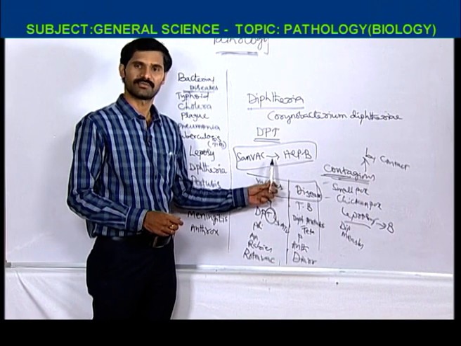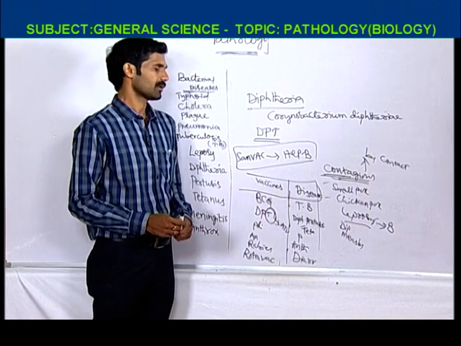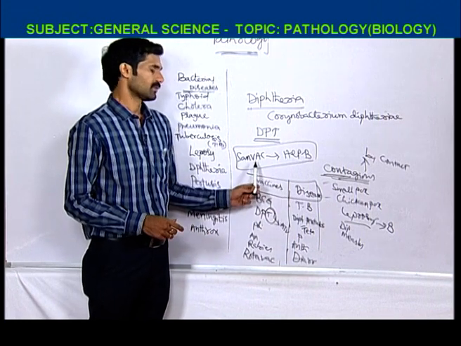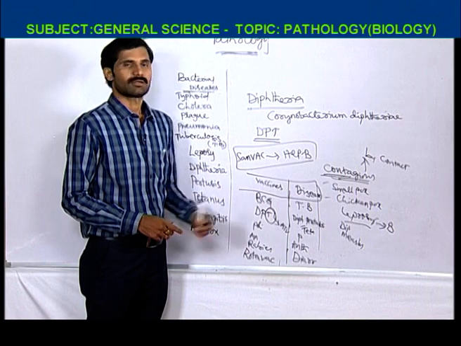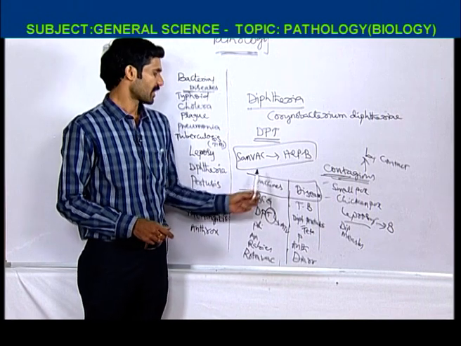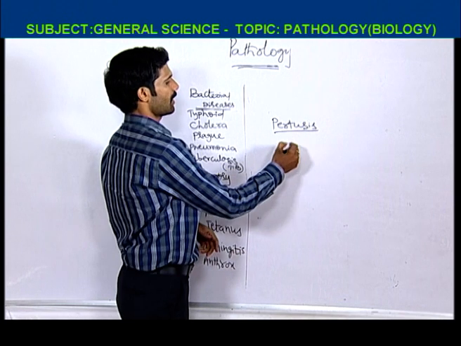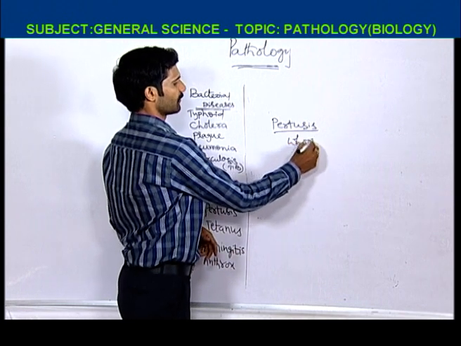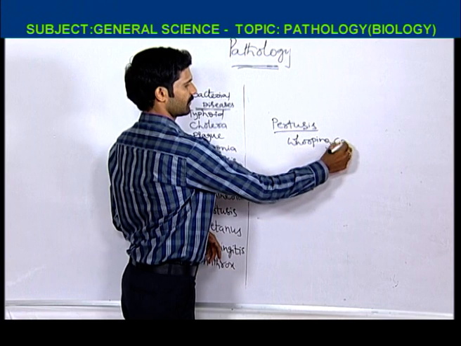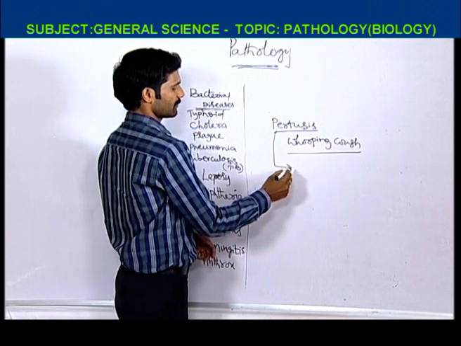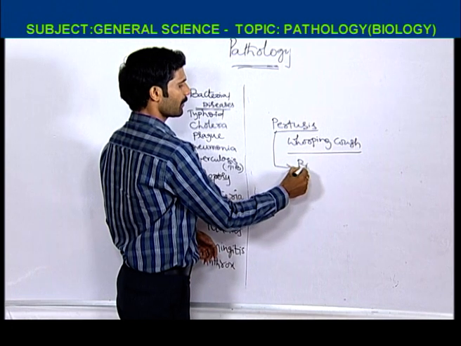So it is the world's first institute or organization which discovered the vaccine for hepatitis B. Next bacterial disease, pertussis, also called whooping cough, caused by a bacterium namely Bordetella pertussis.